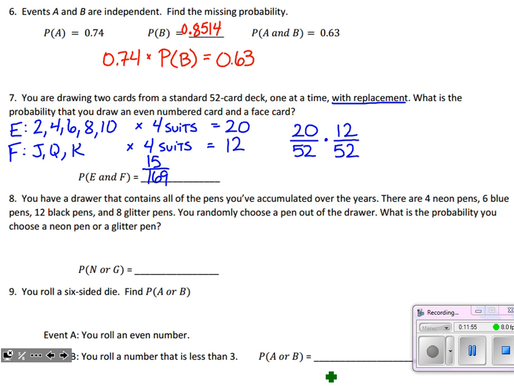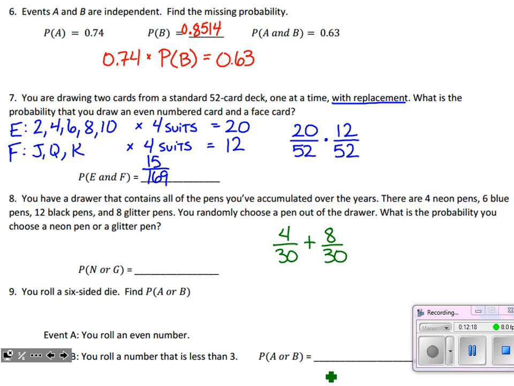And the total number of pens we've got, 4 plus 6 plus 12 plus 8, that's 30 pens total in the drawer. That's a lot, but you've accumulated them over some years. A neon pen, that's 4 of the 30. Or a glitter pen, that's 8 of the 30. And again, since our sample space is out of those 30 pens, the denominators stay the same.